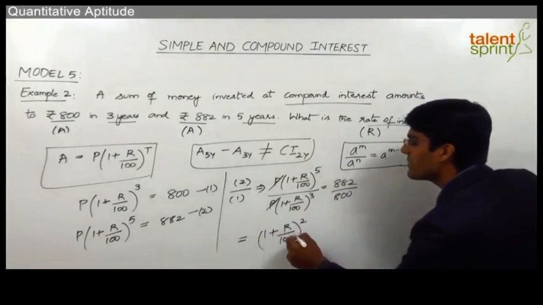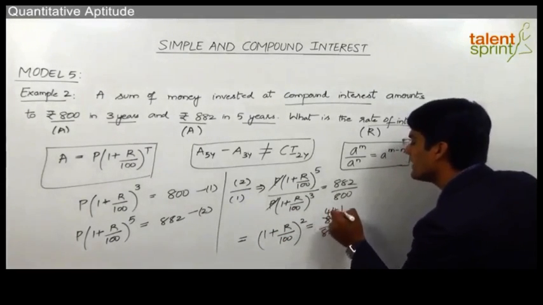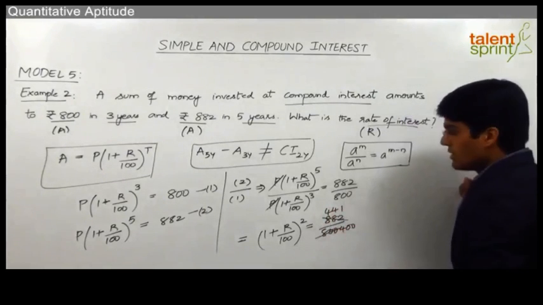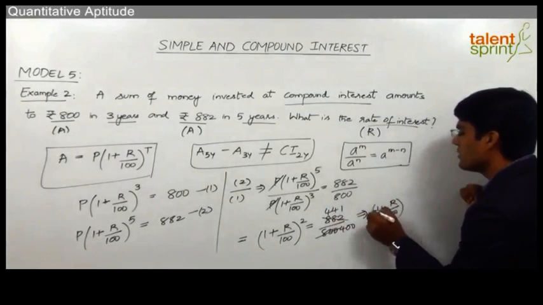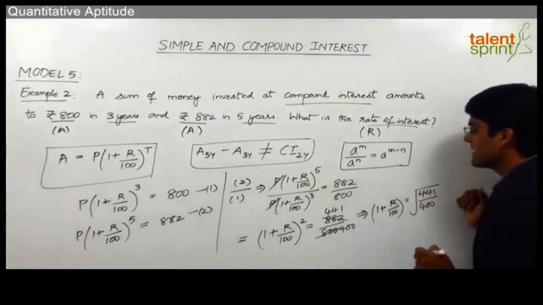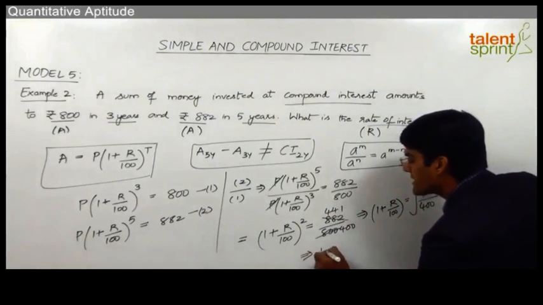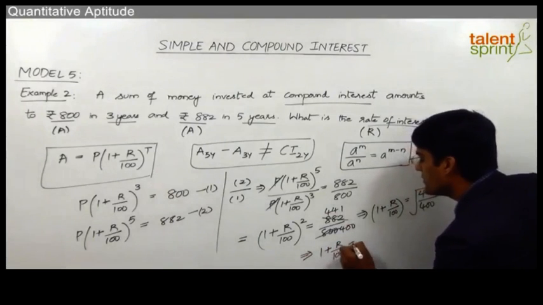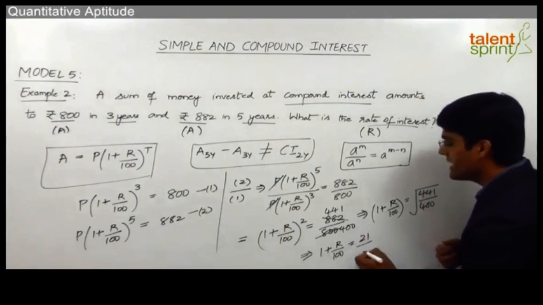So 1 plus R by 100 whole power 2 is equal to 882 by 800, or this can be taken as 441 by 400. So from this we can say that 1 plus R by 100 should be equal to root over 441 by 400. That is nothing but applying square root on both the sides. So we get 1 plus R by 100 equals root over 441 is 21 and root over 400 is 20.